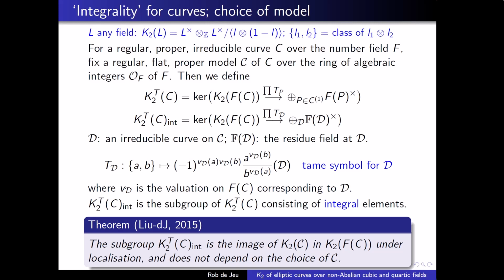If you look at your model, nice, regular, flat, and proper, then the codimension 1 points either correspond to codimension 1 points on the generic fiber, where you use the same tame symbol on the generic fiber, and then you also get the components in the fibers of your model, and that will give you additional conditions to get what people, I think, annoyingly call the integral subgroup, the elements that come from the model.